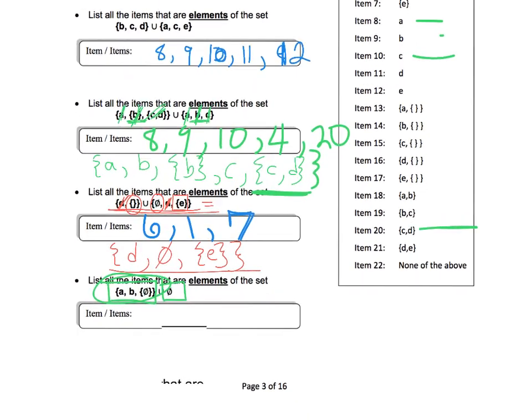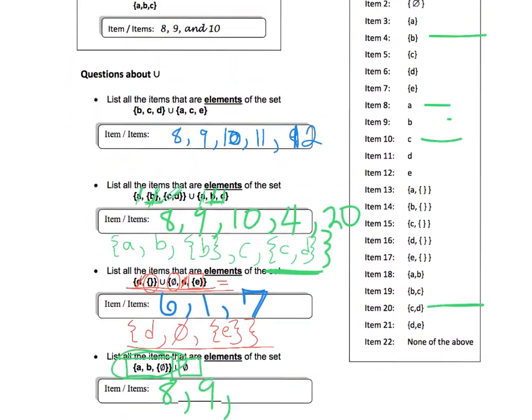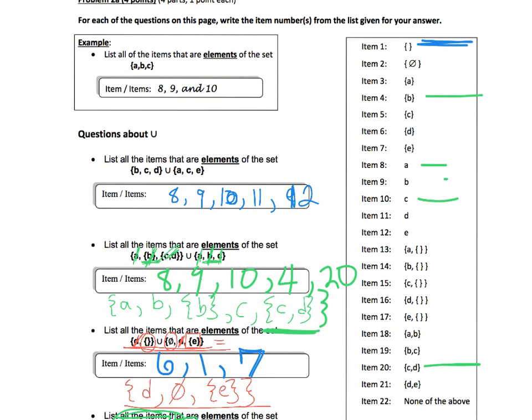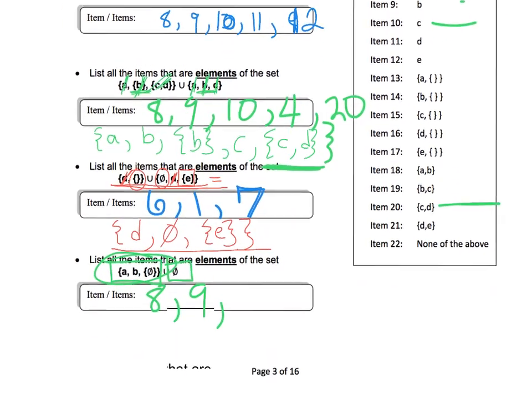So A is 8, and B is 9, and the set containing the empty set, I need to look up higher in my list, there you go, is number 2. Right, it's not just the empty set, it's the set containing the empty set. So what did I say? It was 2.